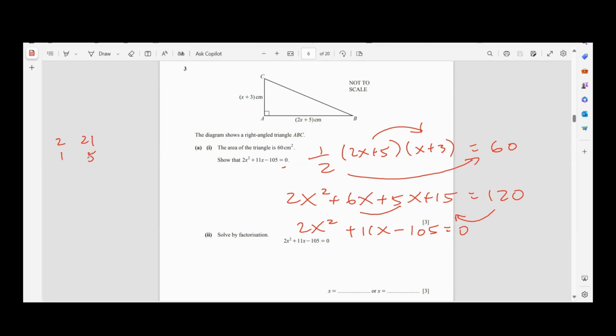Minus, so I want to get positive. So this is 2x plus 21, x minus 5 equals 0. So x equals minus 21 over 2, x equals 5. So that is for the II.